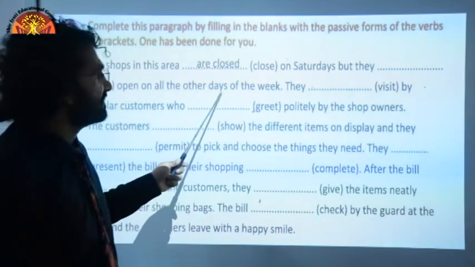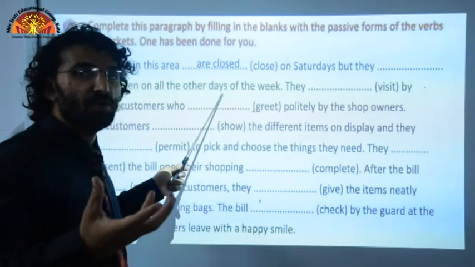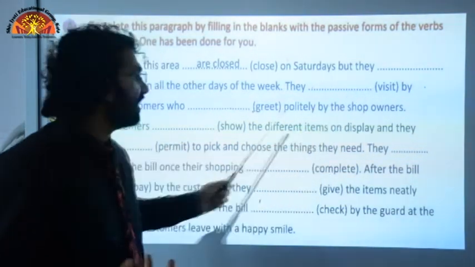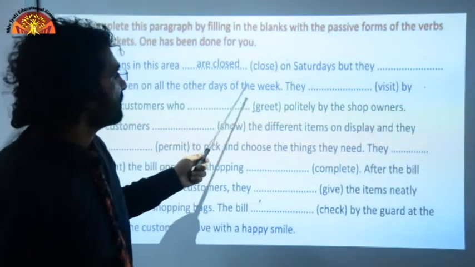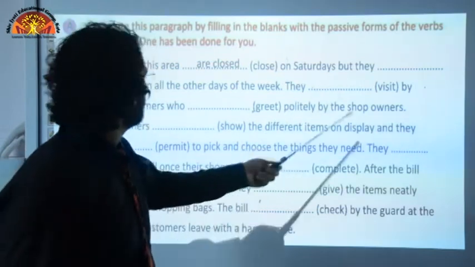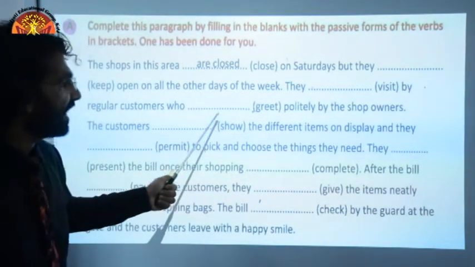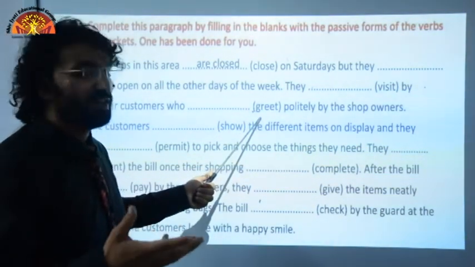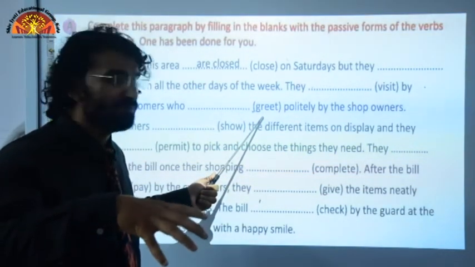Why have we used are here, why have we brought in are as the helping verb? Because we have plural here. They are kept open on all the other days of the week. They are visited by the regular customers who are greeted politely. We are continuously talking about plurals. That's why we have been bringing in the plural form of helping verb are.